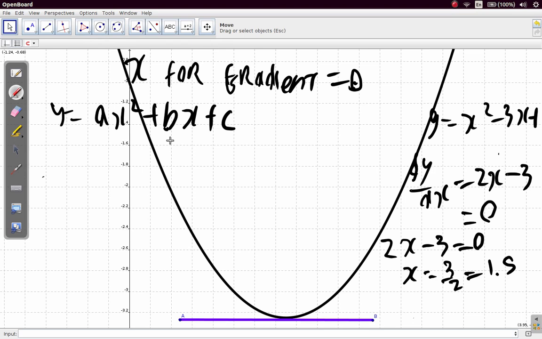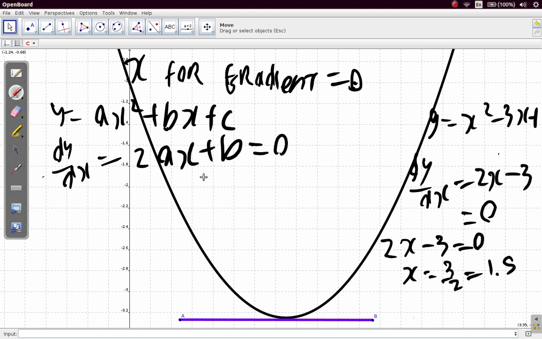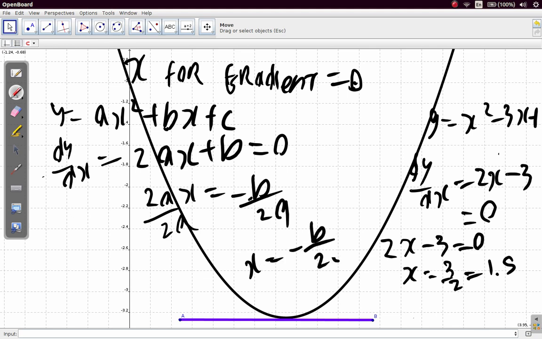So how do we get that formula, that equation that gives us the minimum or maximum, that is when the gradient is 0? What we do, we differentiate this and say dy by dx is equal to 2ax plus b, and then at the minimum or maximum value, this is equal to 0. So when we transpose, we get 2ax is equal to negative b, and we divide both sides by 2a, so we get x is equal to negative b over 2a.